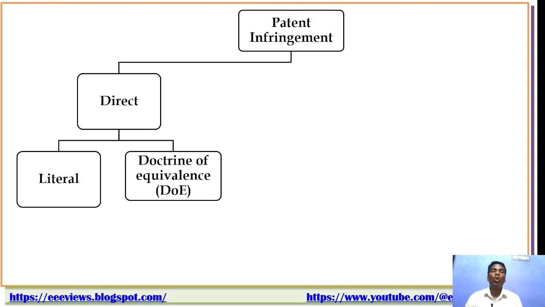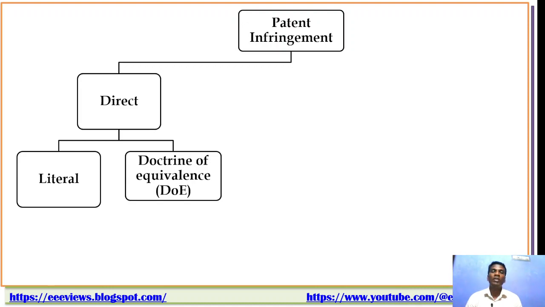The second one is the doctrine of equivalence. For example, a person uses two chemical substances, A and B, does the analysis in the presence of hydrochloric acid, and gets a product. For that product he gets the patent. Another person uses the same substances A and B, but instead of hydrochloric acid he uses another acid and gets the same product.